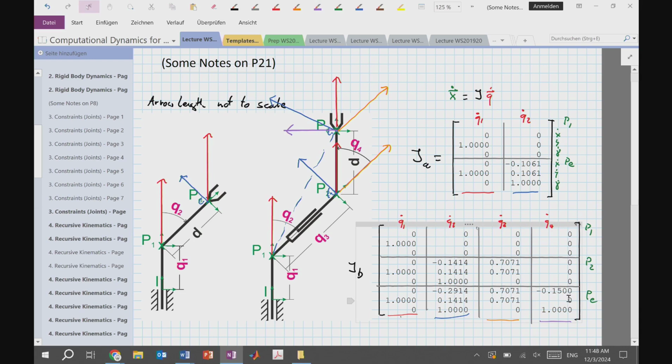No matter what the velocity, PE is not going to move in the y direction. That's why I have a 0 here, right? Because that arrow is pointing straight to the left. And then also note that all the rotational joints have a 1 here, right? Because any rotation about a joint is going to give me a rotation of the actual body, reflected here by A1.